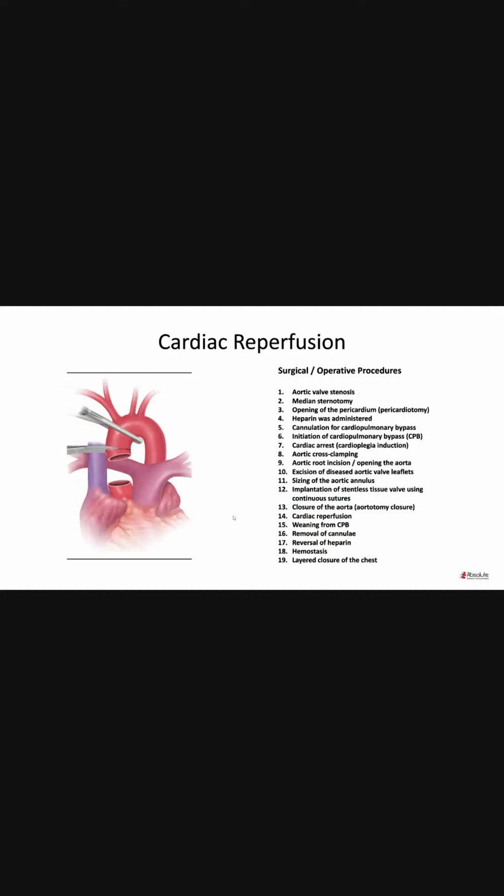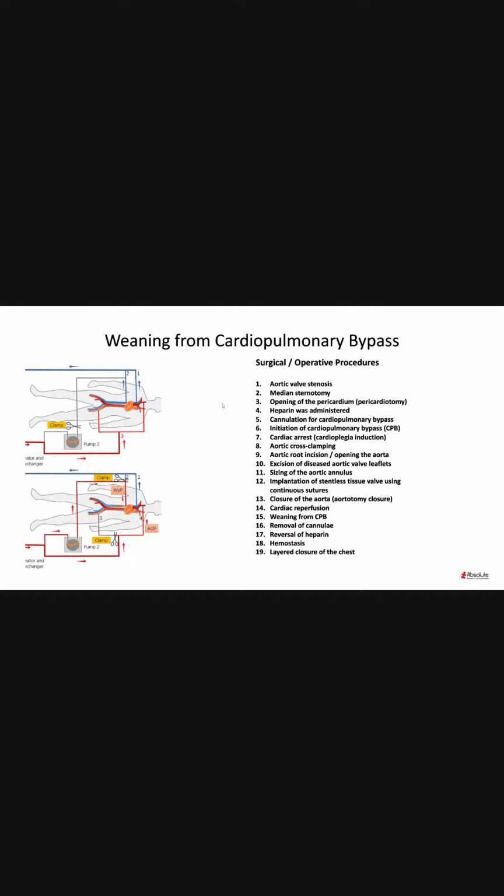Then cardiac reperfusion takes place, and that means that they're just going to get the blood going. So they're going to remove the clamps, right? Then they're going to wean the patient off the cardiopulmonary bypass machine.